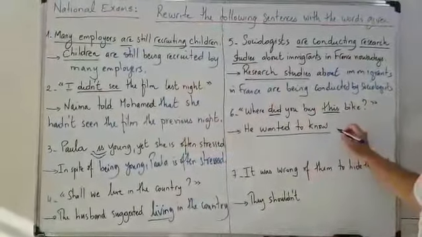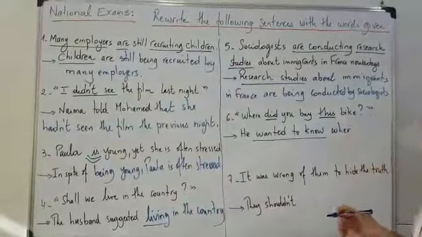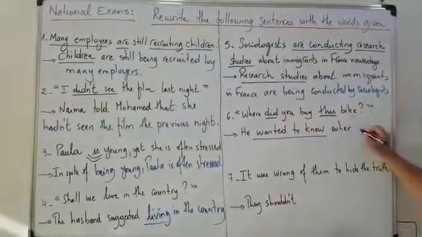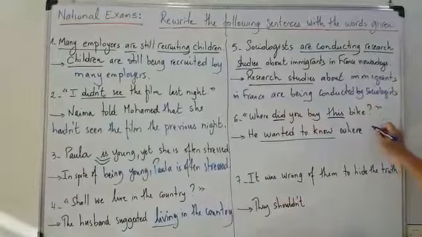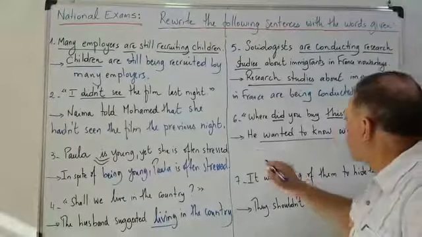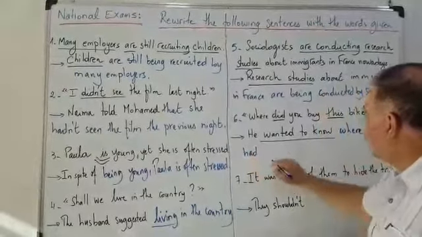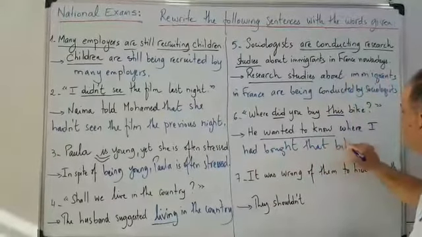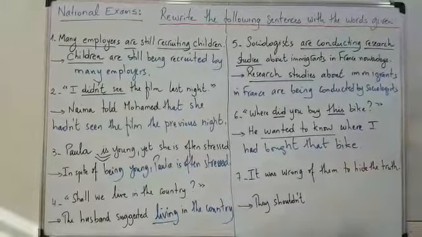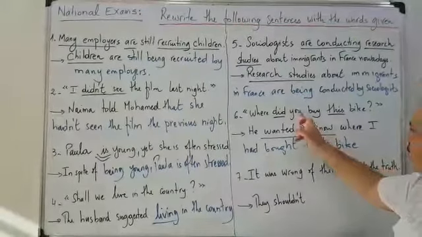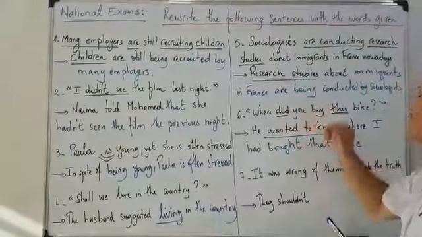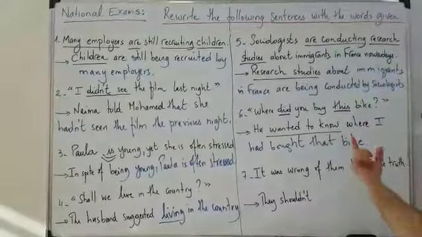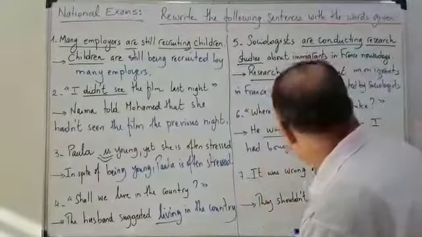So it becomes, he wanted to know where I had bought that bike. We keep the same question, but we need some change between the subject and the verb. Where I had bought. You cannot say where did I. No, where I had bought that bike.